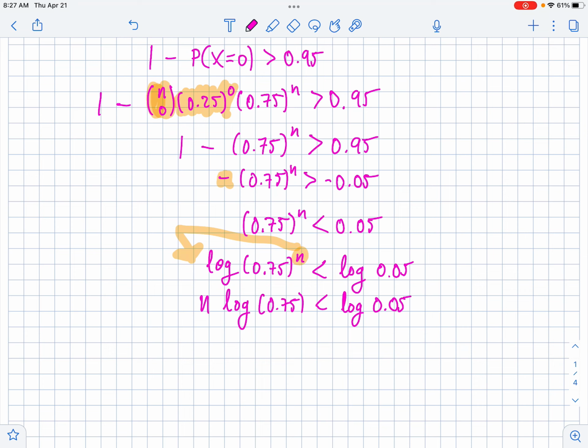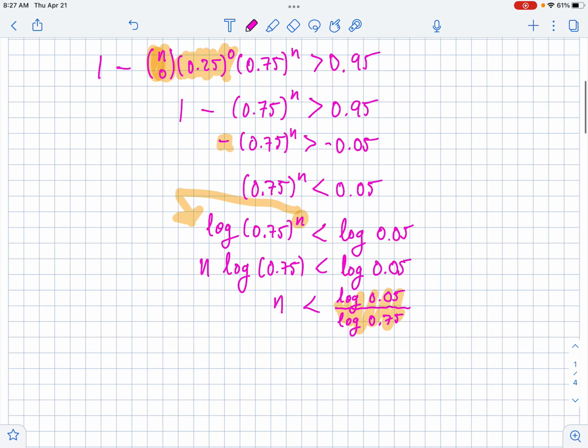Then divide both sides by log 0.75. So n is less than log 0.05 over log 0.75. Then if you crunch this on your calculator using the log button, you get n is less than 10.4.